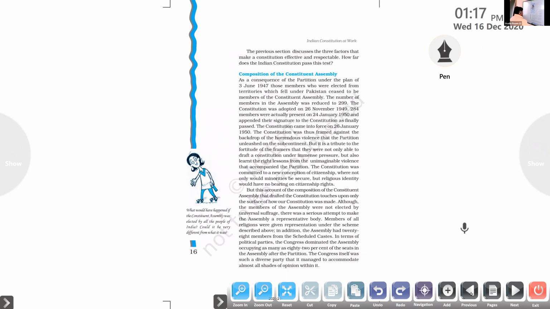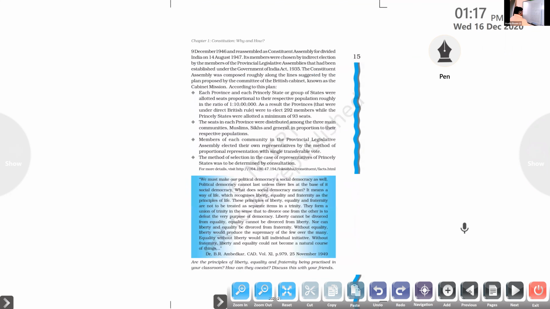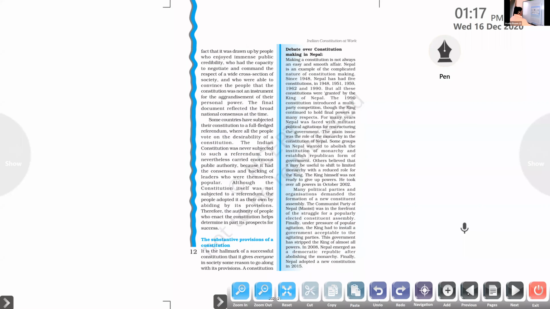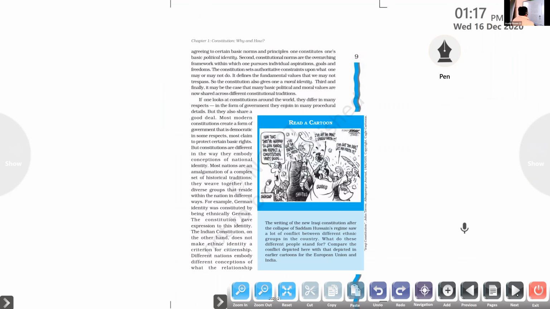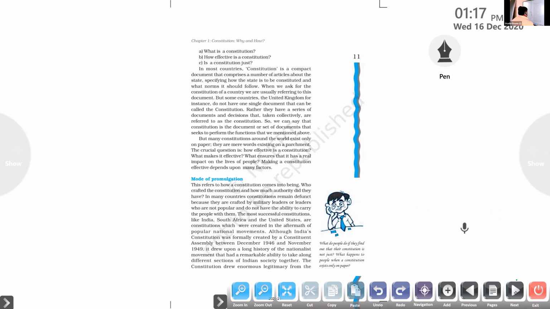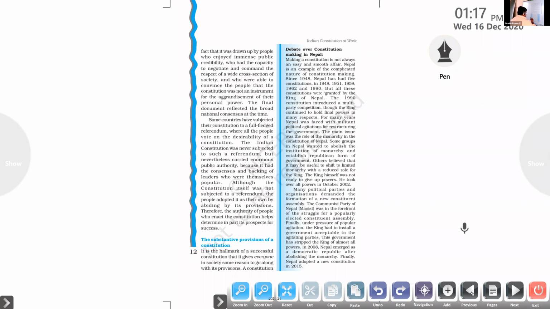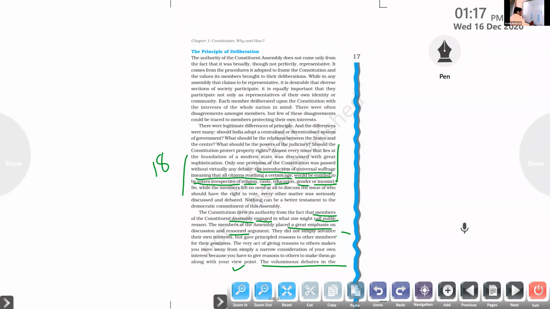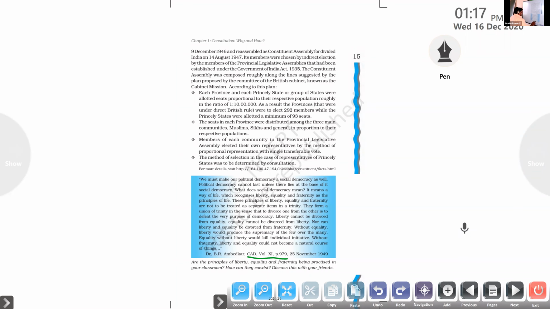Another picture is here. Okay, here it is, Dr. B.R. Ambedkar. That also is CAD, volume 11, page 979, 25th November 1949.